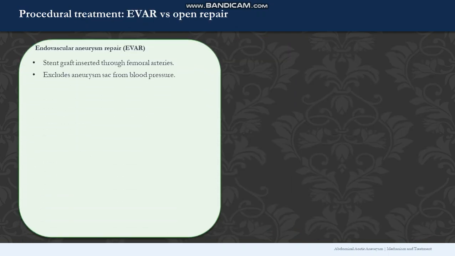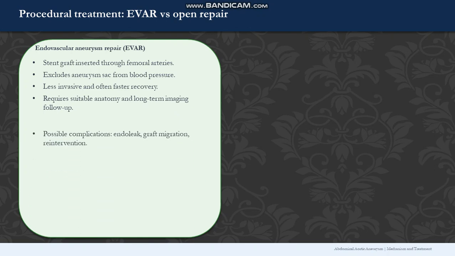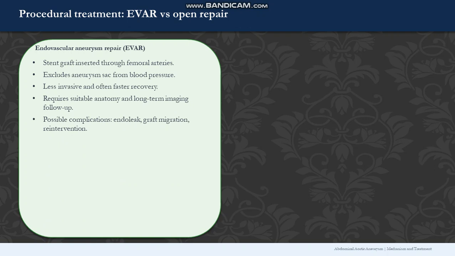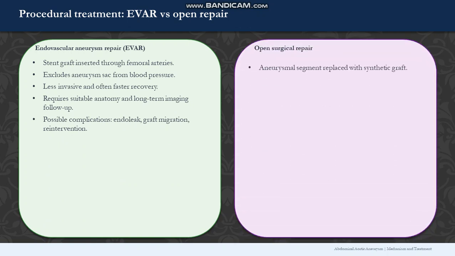In EVAR, a stent graft is inserted through the femoral arteries to exclude the aneurysm sac from blood pressure. It is less invasive, but requires suitable anatomy and long-term imaging follow-up. Possible complications include endoleak and graft migration, and reintervention might be needed.